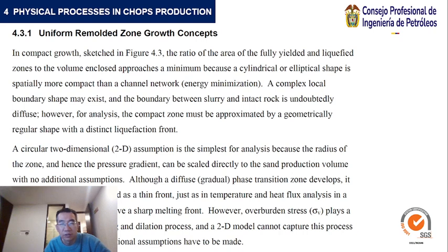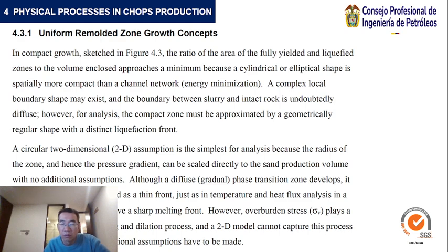Although a diffuse phase transition zone develops, it may be treated as a thin front, just as in temperature and heat flux analysis in a melting zone that does not have a sharp melting front.